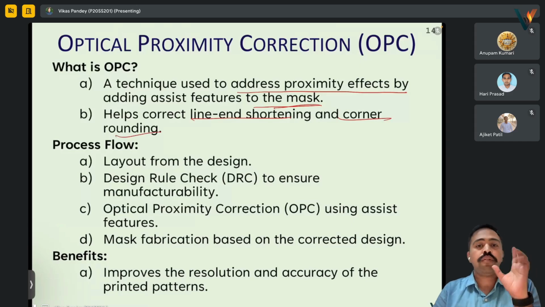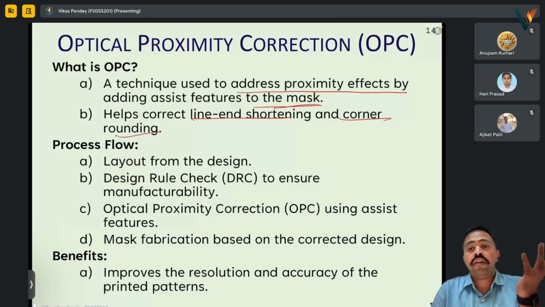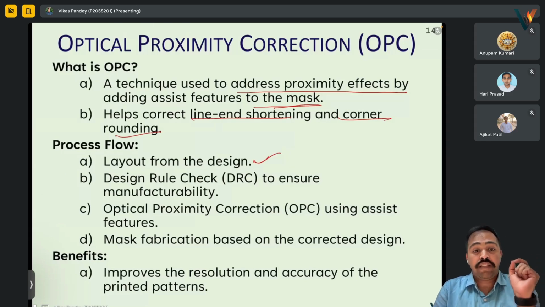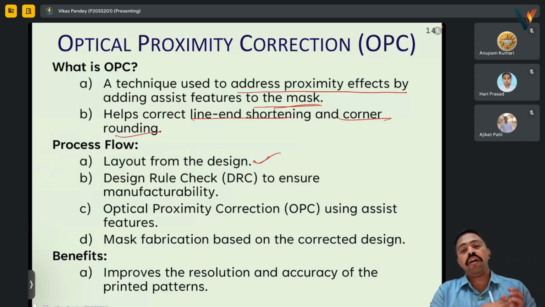These are two common problems that occur, so we have to take care of this. How is it done? We take the layout from the design and then we do DRC. Whenever we are giving our design for printing, it is not directly made on the mask.